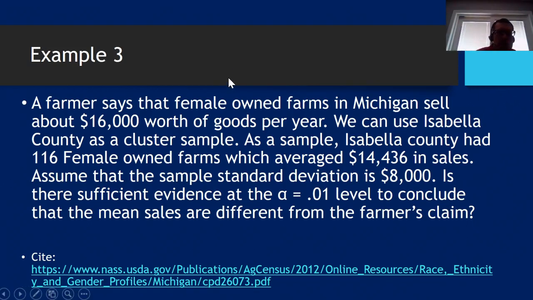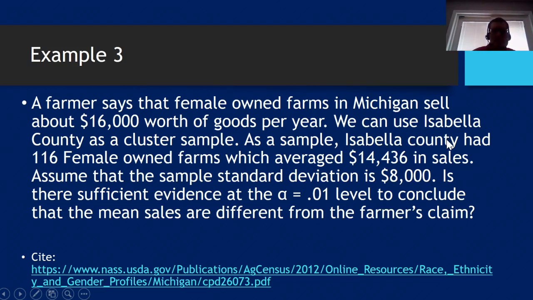All right, hopefully you went ahead and did that. Example 3 says, a farmer says that female-owned farms in Michigan sell about $16,000 worth of goods per year. We can use Isabella County as our cluster sample. So our sample from all the state of Michigan is Isabella County.